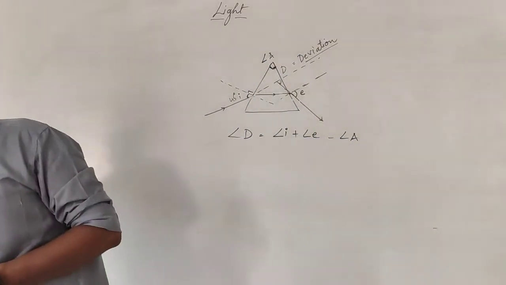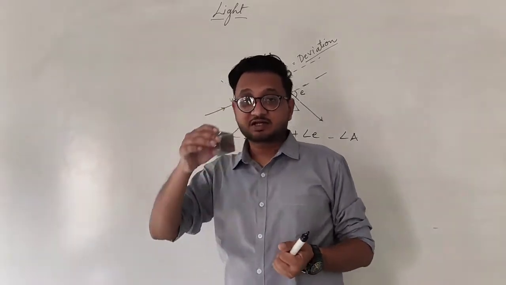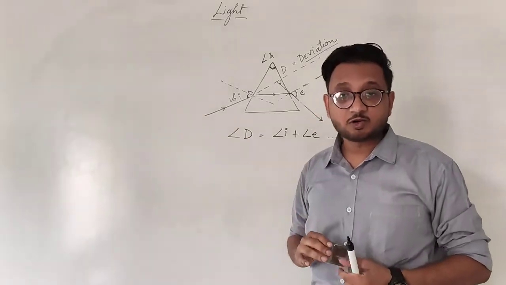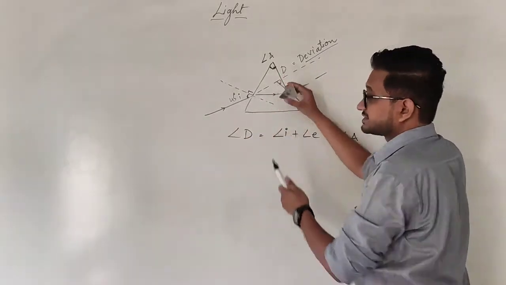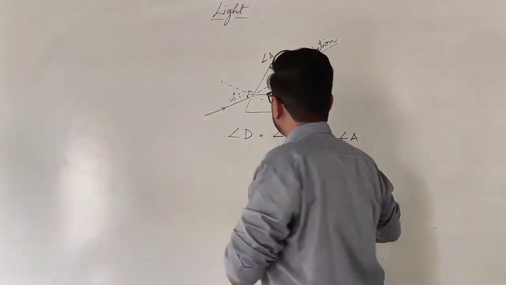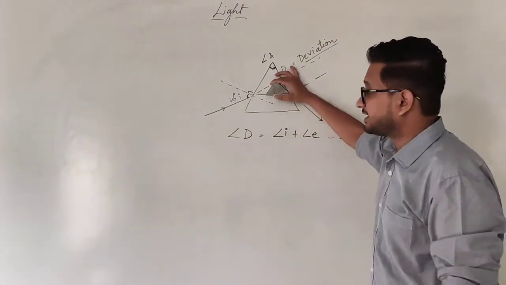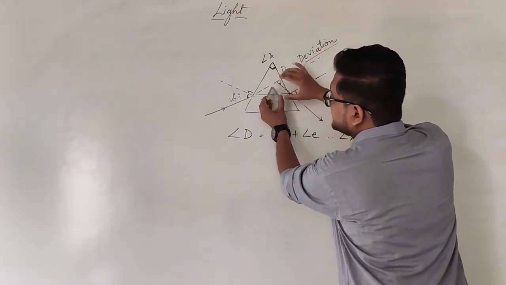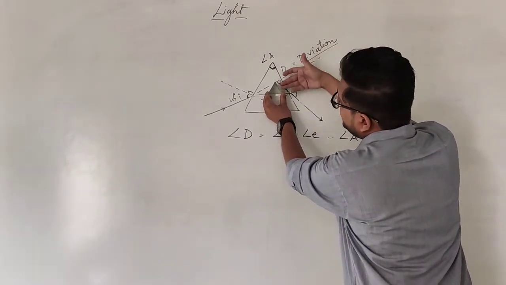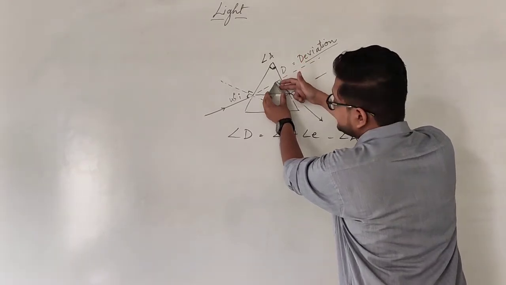Now what you have to do is place back the glass prism as you have drawn it and try to observe the ray of light from the other side. That means you have placed a glass prism like this, and now you have to observe this pencil line on the other side. Because it is a glass prism, we are not going to observe from this side, you are going to observe from this side.